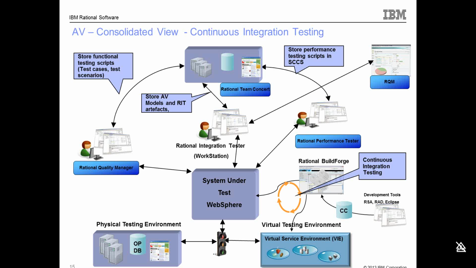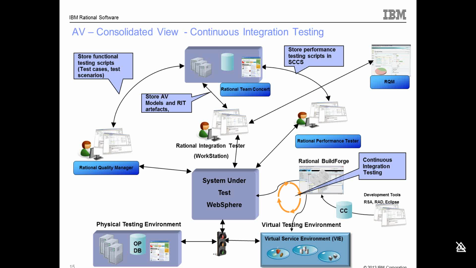Rational Integration Tester, like we said, creates the virtual services. It can run the tests for you on a local stubbing system. Now the tester can get his test assets from, let's say, Rational Team Concert, which is a source control system. It's used to store all your models and your artifacts that are created by RIT.